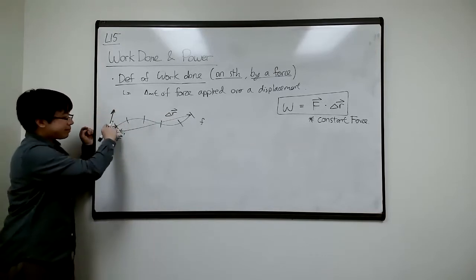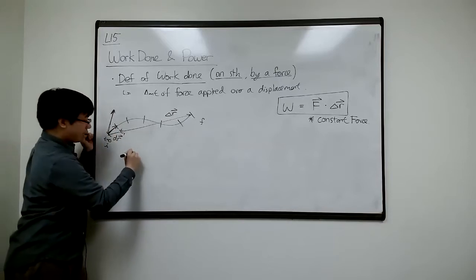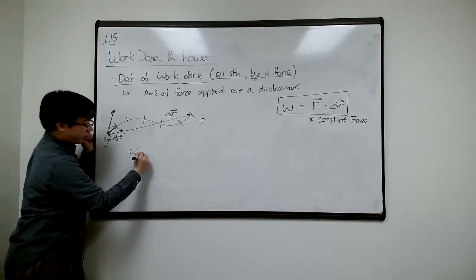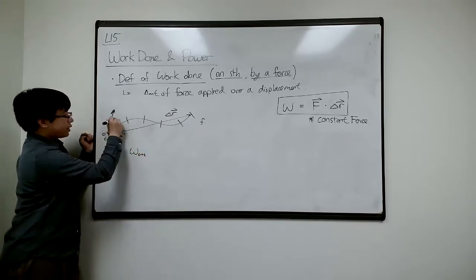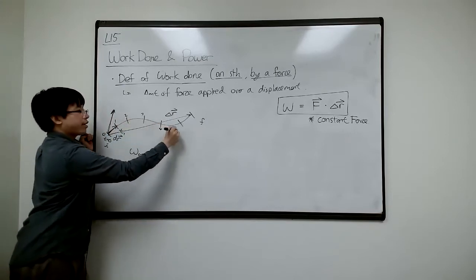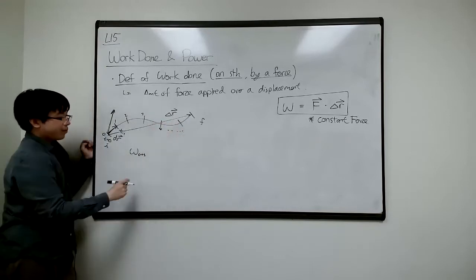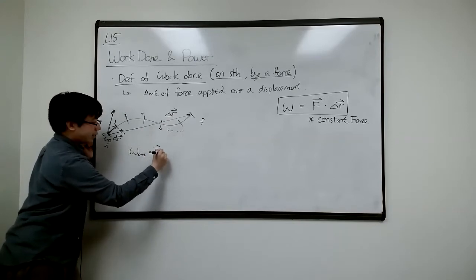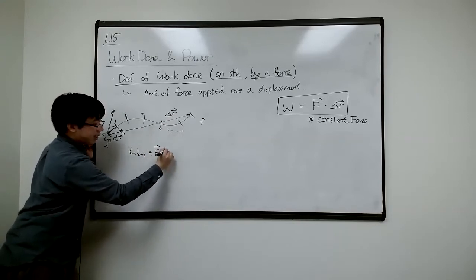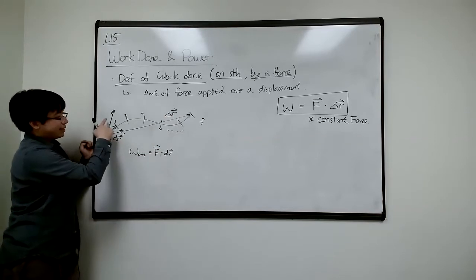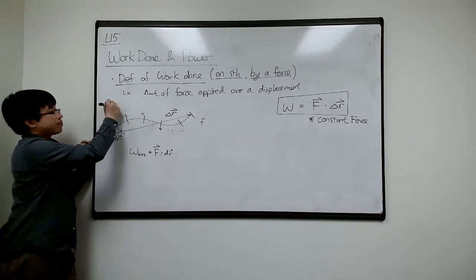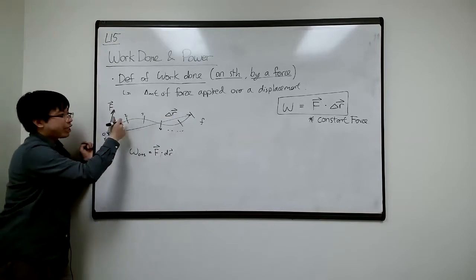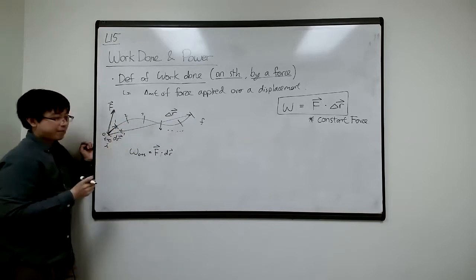So in this part, the work done from 0 to 1, let's call these points 0, 1, 2, 3, 4, dot, dot, dot, all the way to f. From 0 to 1, the work done is F dot dr, because F is going to stay constant throughout this short amount of time. It might change later on, but I'm going to look at it segment by segment.